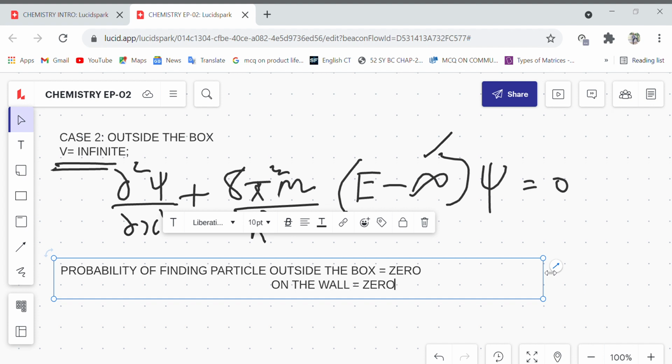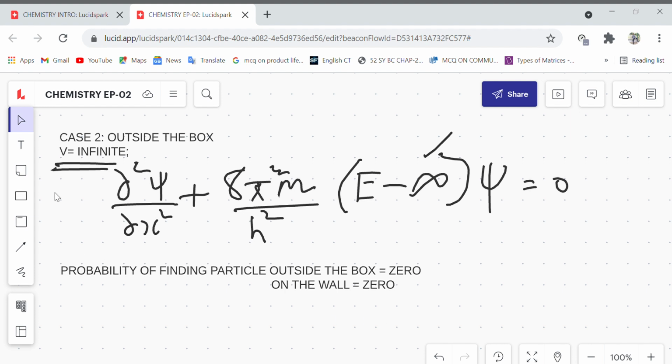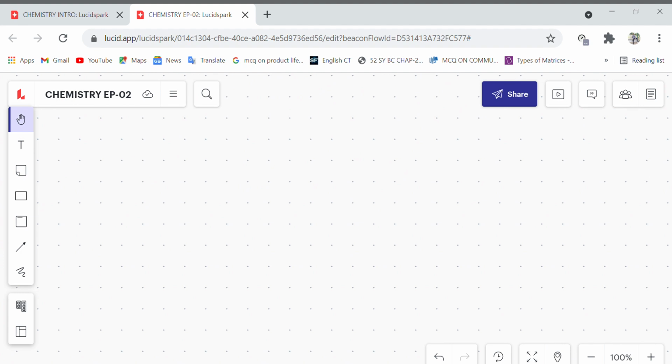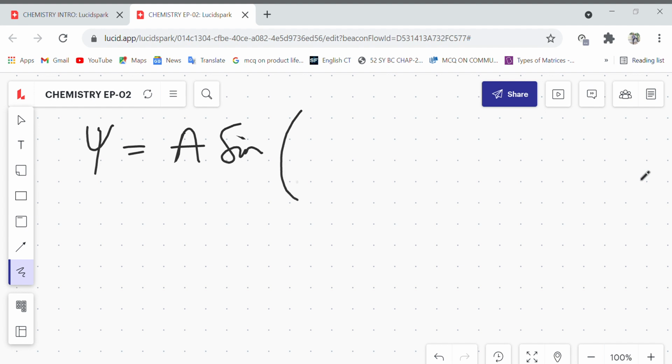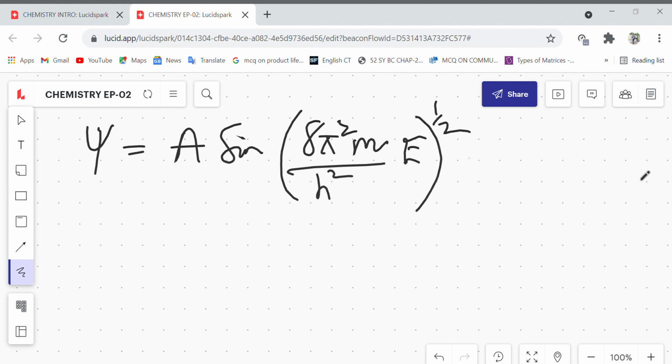So let's move on to the equation part. If you haven't taken a screenshot, please take it. Then let's move on to the writing part. As we know, psi is equal to A sine 8 pi square m by h square E whole to the power half x.